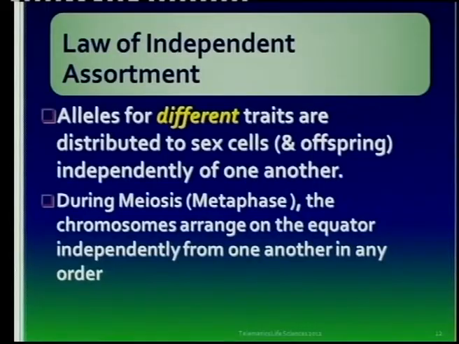And maybe it's easier to remember if we talk about independent, also random assortment. If we look at that word randomly, it doesn't matter, especially when you go back to meiosis, you can see that when the homologs sort themselves on the equator, there might be more of the father's alleles on the one side and fewer of the mother's.